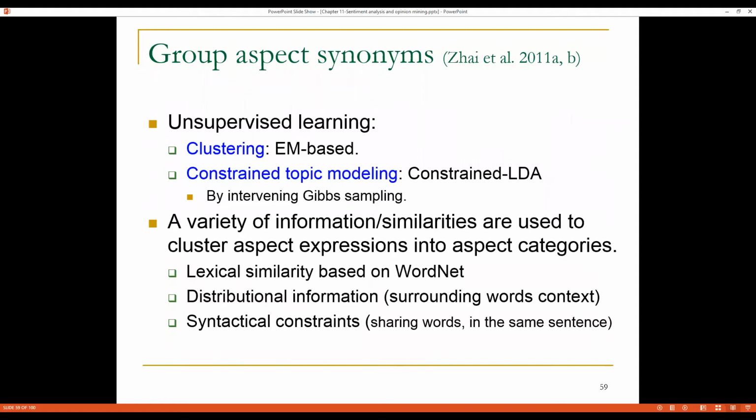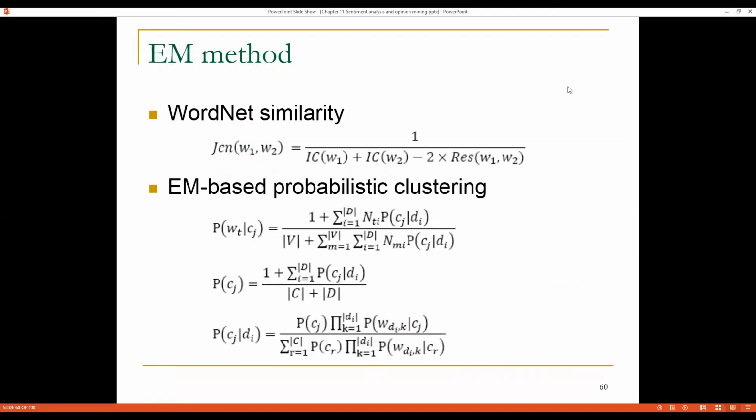A variety of information or similarities are used to cluster aspect expressions into aspect categories: lexical similarity based on WordNet, distributional information, and syntactic constraints. Here we have a couple of formulas for WordNet similarity and for expectation maximization based probabilistic clustering.